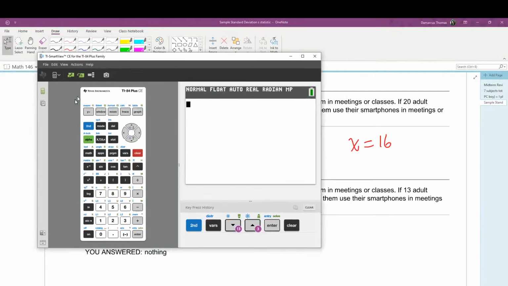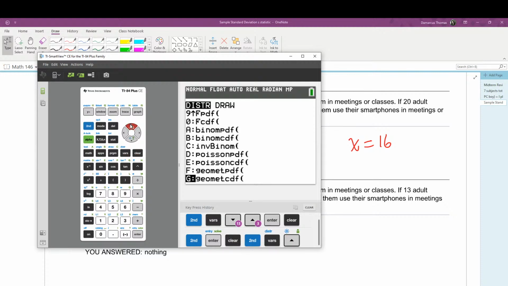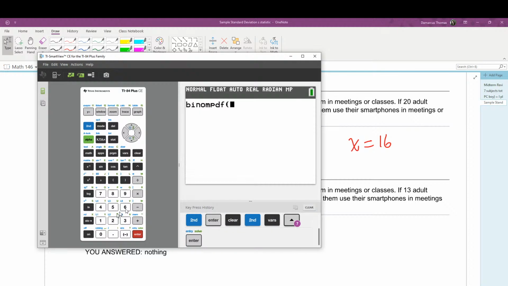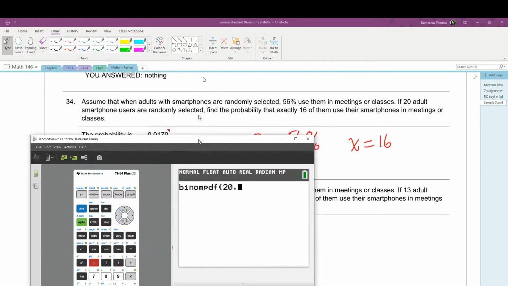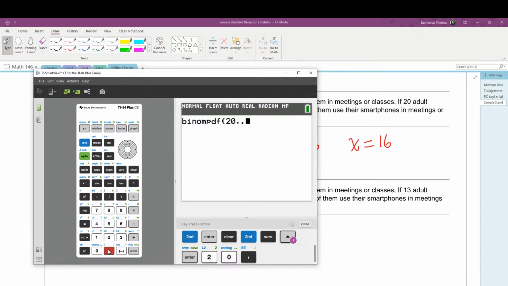So, let me do that one more time. The trials is 20. The probability is 0.56. And the exact amount is 16.